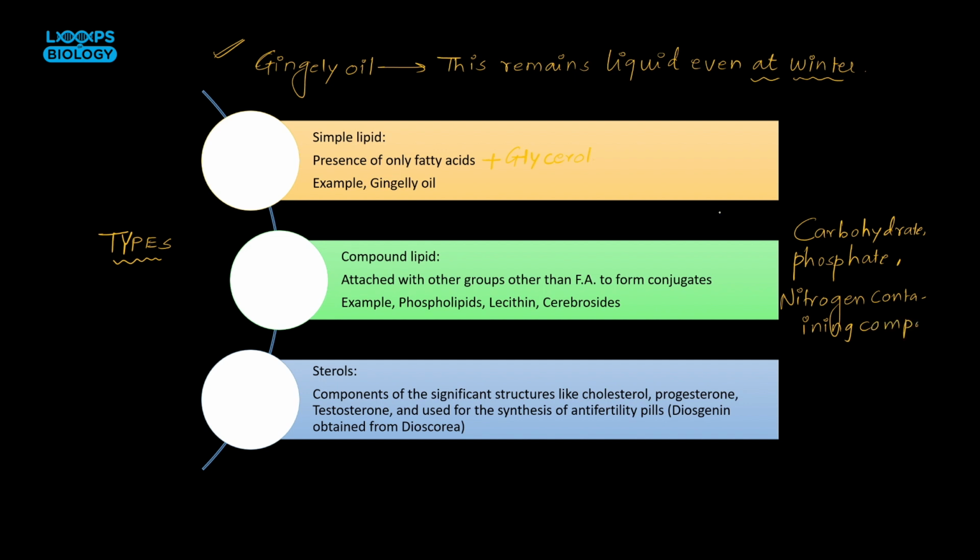Alright, so whenever I'm talking about carbohydrate, that is called cerebroside. Whenever I'm talking about phosphate, that is called phospholipid. And whenever I'm talking about phosphate group plus nitrogen compound, that is called lecithin. So in case of lecithin, they belong to phospholipids only. But if there is a more detailed option, that is phospholipid plus nitrogenous compound, then you should take that particular case.